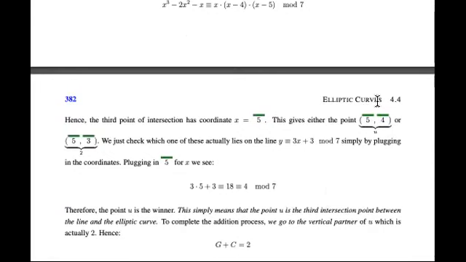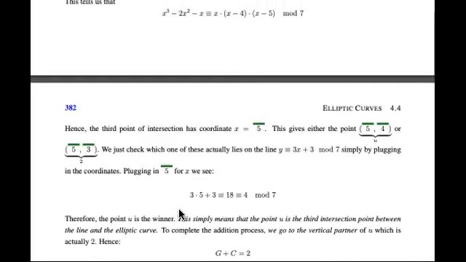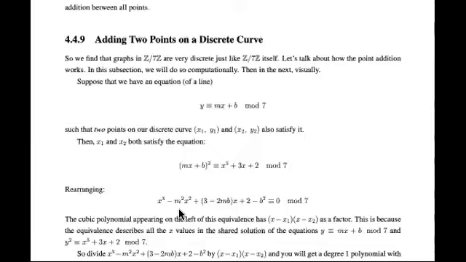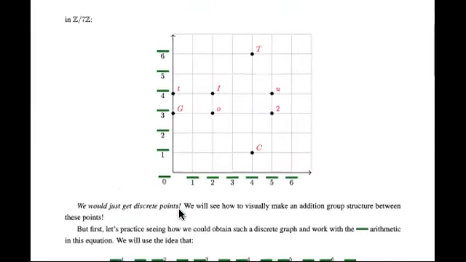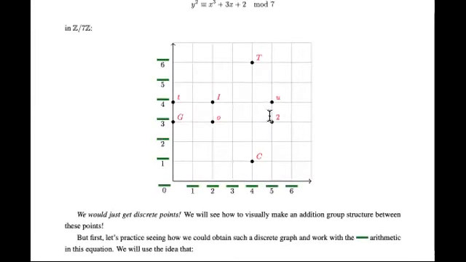So that's on the line, the third intersection point. But the negative of 4 is actually 3, so that's the vertical partner. So 5, 3 is the sum. Now with symbols, remember where 5, 3 was in this little graph here. We labeled it as point 2.